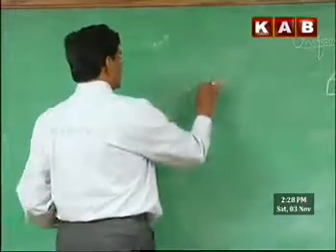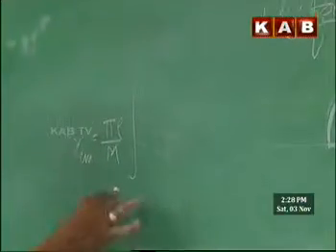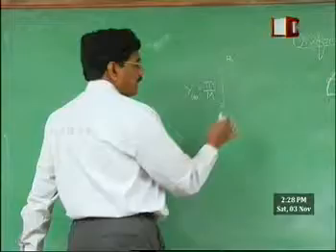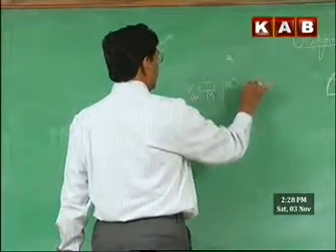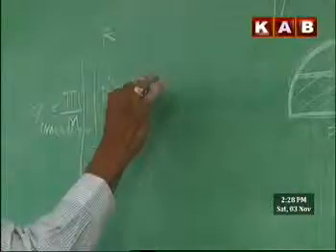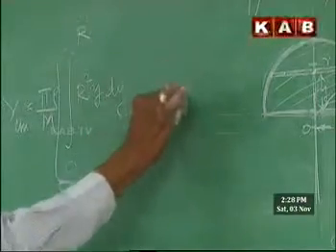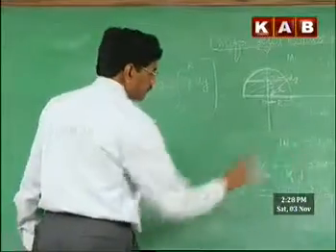YCM is nothing but pi rho by m integral 0 to R, R square y dy, first integral, minus y cube dy, second integral. There are only two terms in the expression.